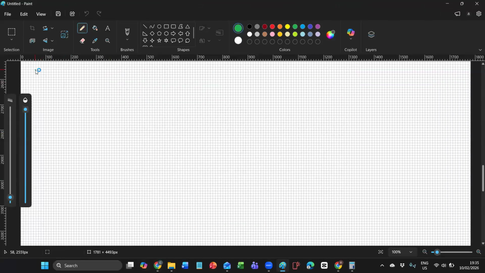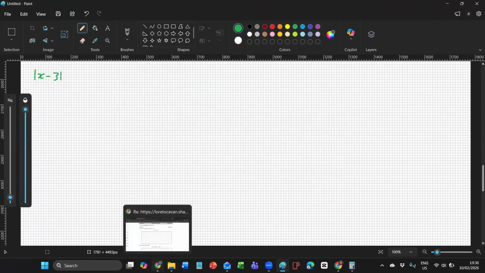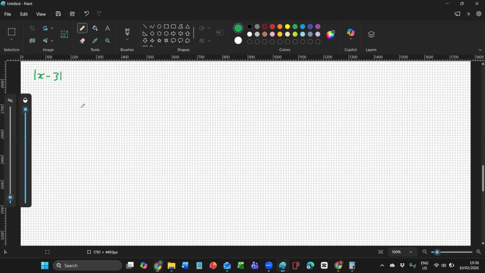So that x minus 3. Okay, so let me ask, whenever you see those two bars around something, what do those two bars tell you? Do you have an idea?